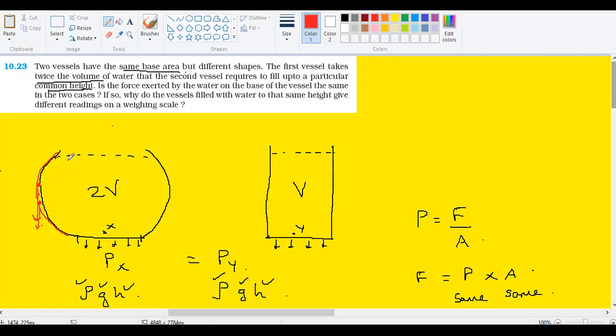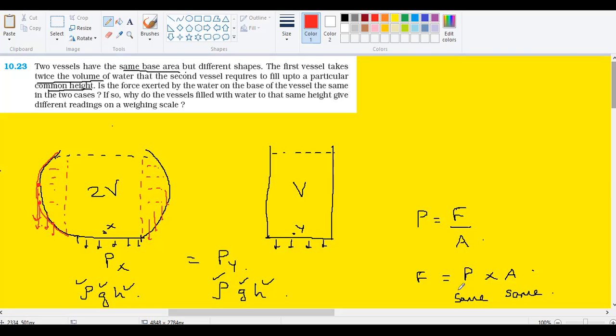So in other words, if I take a line over here, these things will also be giving some force in this curved region. This weight of the liquid contained in this region will also be giving some force.